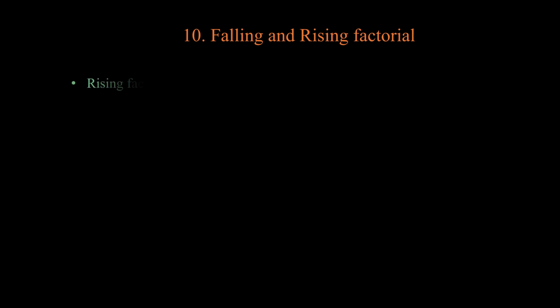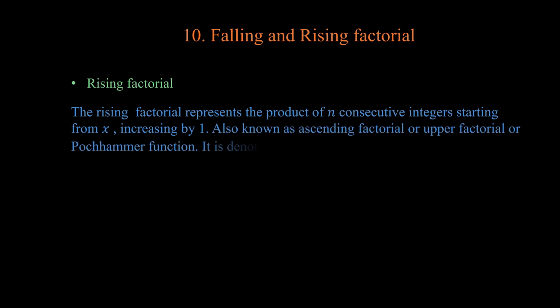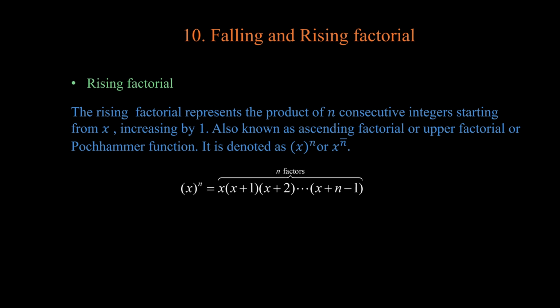Let's move to rising factorial. The rising factorial represents the product of n consecutive integers starting from x, increasing by 1. Also known as ascending factorial or upper factorial or Pochhammer function, it is denoted as x superscript n or x superscript overline n. The rising factorial of x to n is equal to x times x plus 1 times x plus 2, and so on, up to x plus n minus 1.